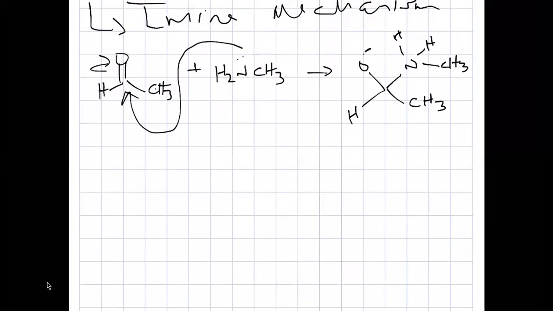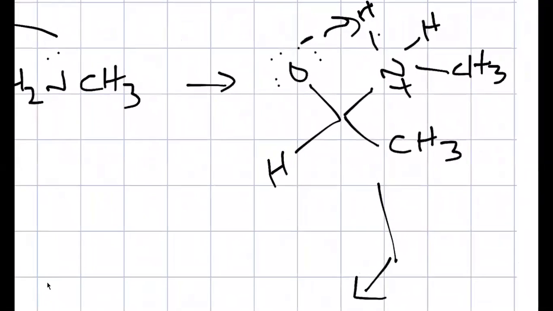All right. So once that attacks, this is positive, by the way, right? And then oxygen has 3 lone pairs and is negative. So once that attacks, you go through a series of proton transfers, right? You do one here. Right, so you do a proton transfer there.